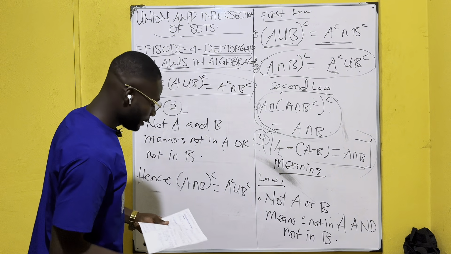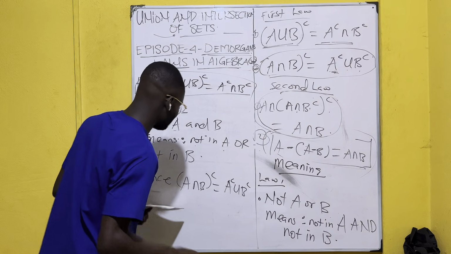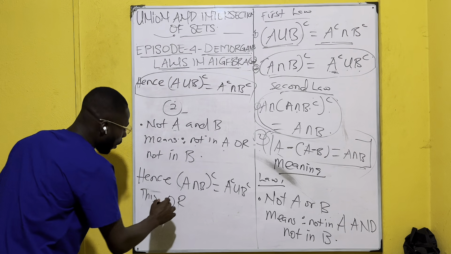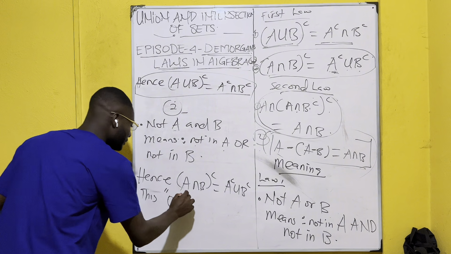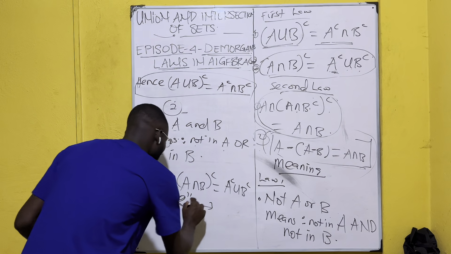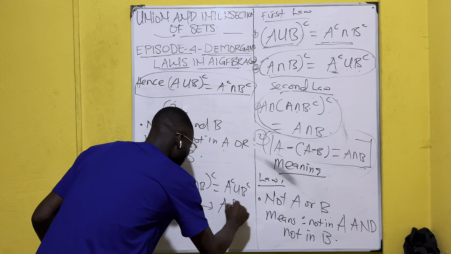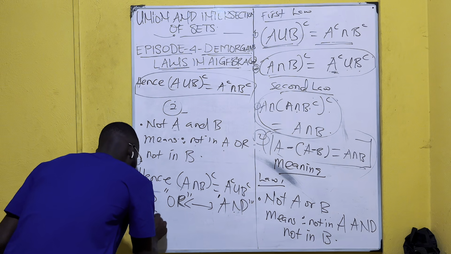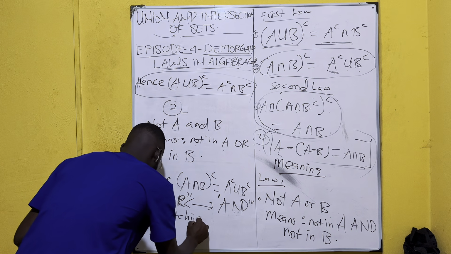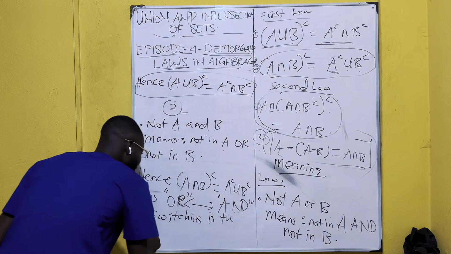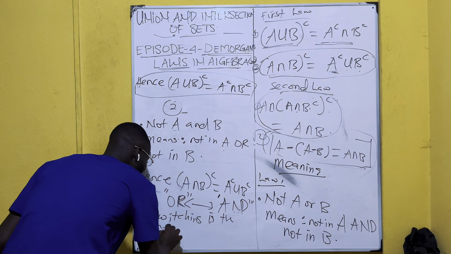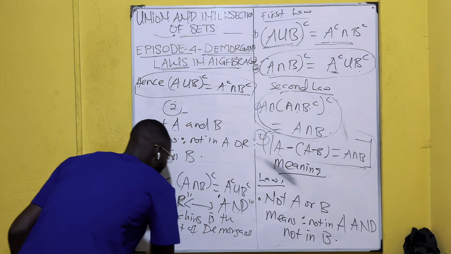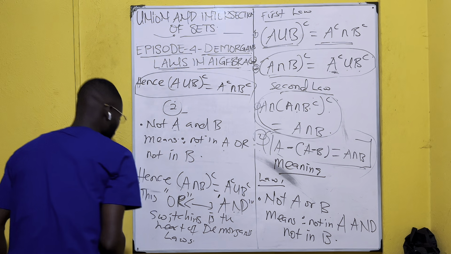So we continue with this. So let's say that or produces and, right, or produces and. So it basically means that switching is the heart of De Morgan's laws.